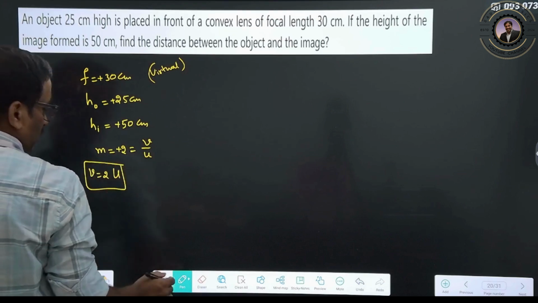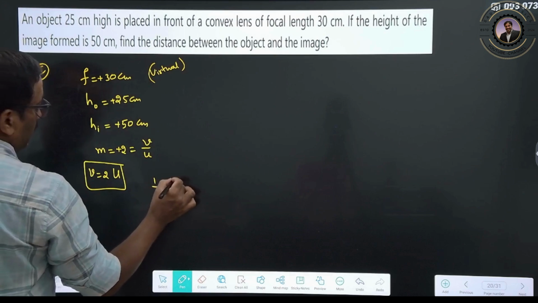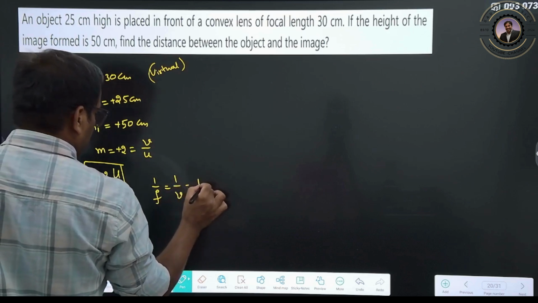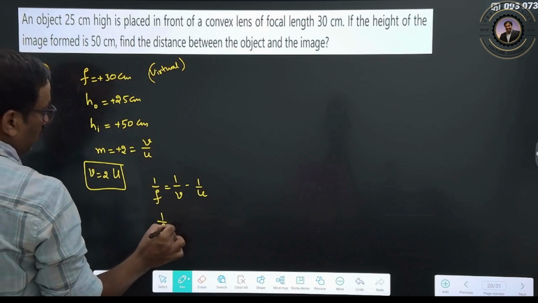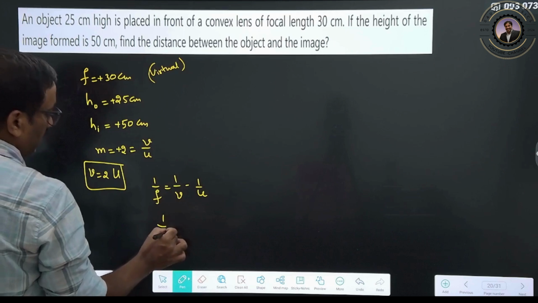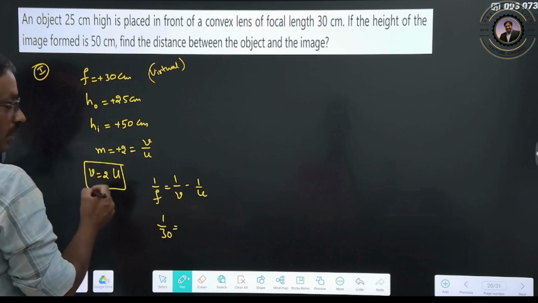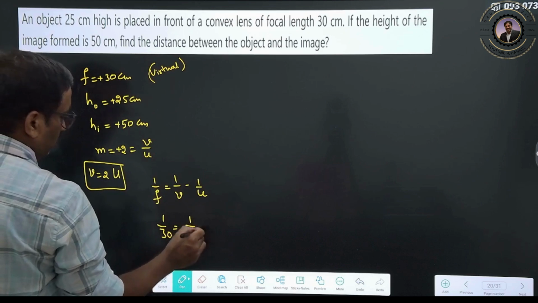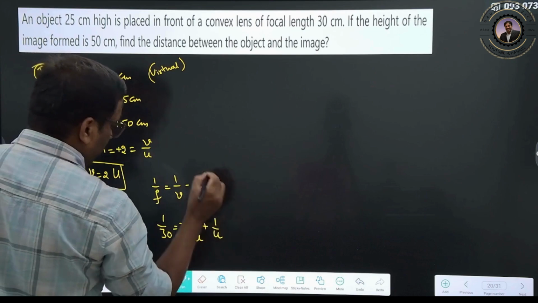Therefore 1 by f is equal to 1 by v minus 1 by u. For virtual, 1 by 30. Image distance is negative, so 1 by 2u, minus object distance also minus of minus, plus 1 by u.